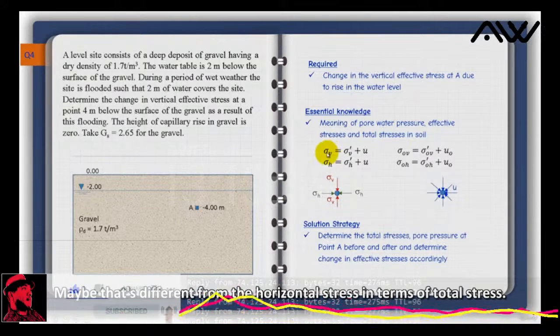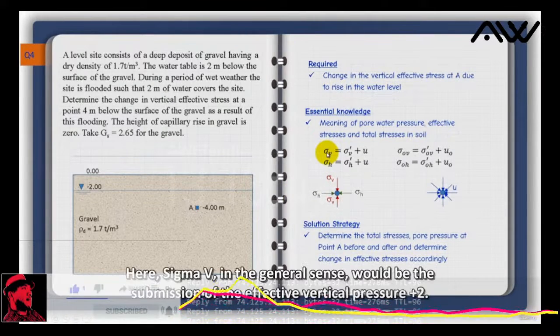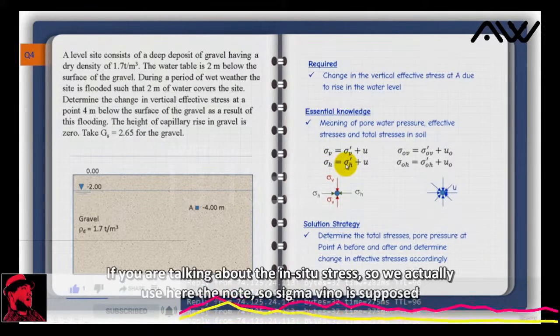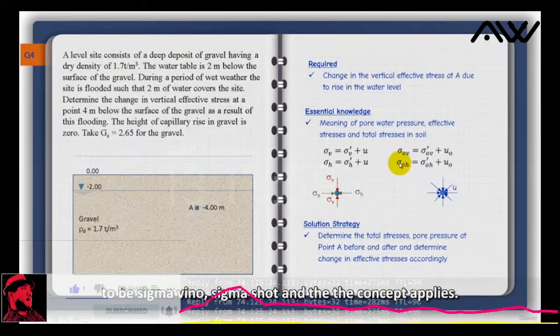In terms of total stress, sigma v in the general sense would be the summation of the effective vertical stress plus u. The same applies to the horizontal stress. If we are talking about the in situ stress, we use the notation sigma v naught, sigma h naught, and the concept applies.